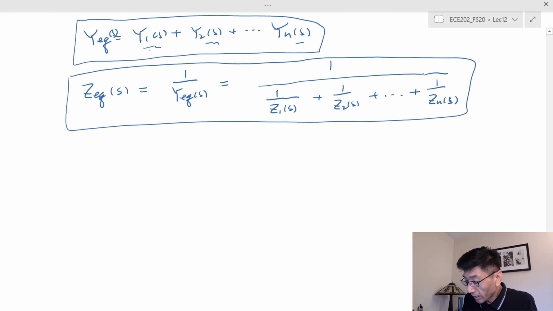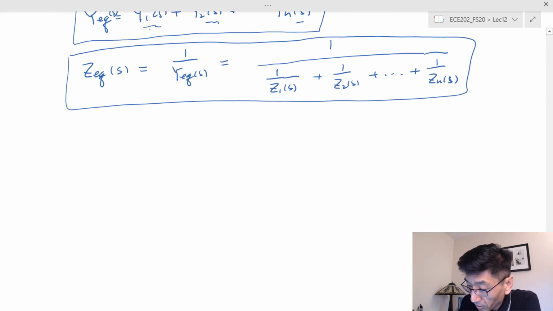A special case is if you have two elements only. I didn't really stress this for the phasor case. Let's see, for two elements, a special case, because many times you're using this special case quite a bit.